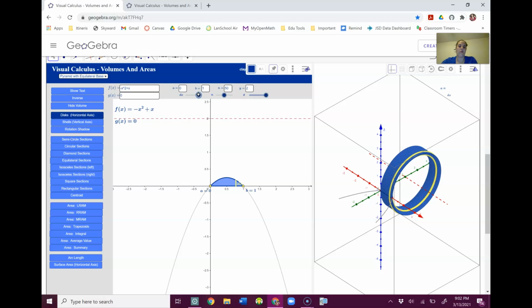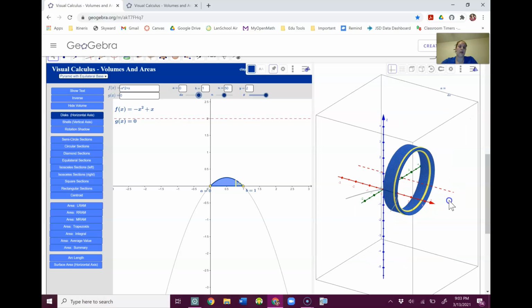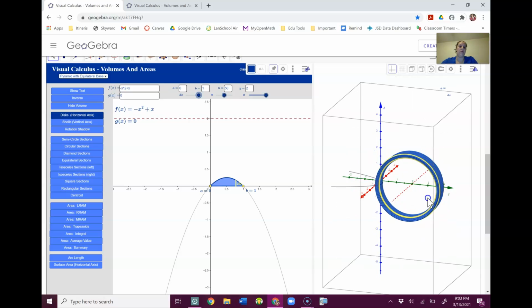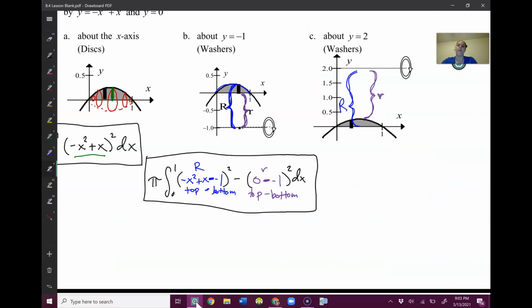And the curved part is on the inside now, because when we rotate this all around, that curved part is on the inner radius instead of the outer radius. So now we get this shape. It still kind of looks like a washer or a donut, but the curved part is now on the inside of the donut, not the outside. So there's your visualization. Now I want you to pause the video and set up this integral. Ready, set, go.